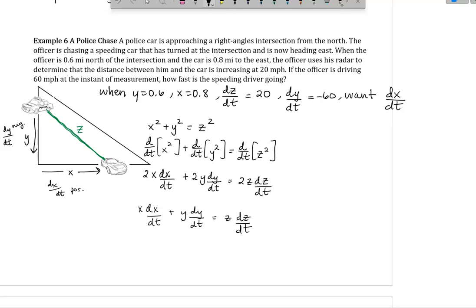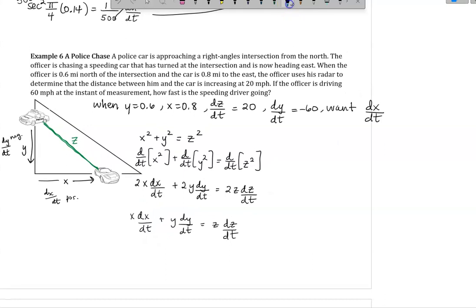So now let's look at what we have and what we want. Remember, we're trying to solve for dx/dt. So I want dx/dt. Let's see what we have in the equation. They gave us x, so we have this part. They gave us y, we can plug that in. We have dy/dt, that's the speed of the cop.